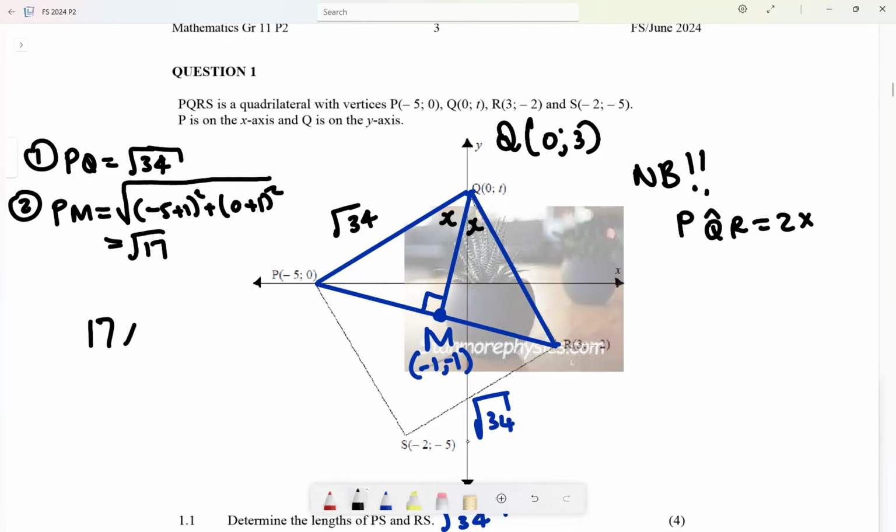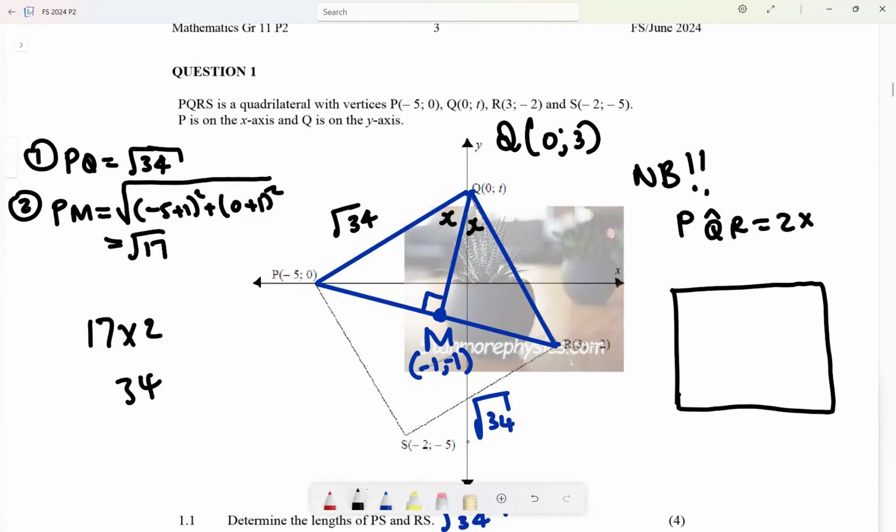Now, can you see that 17 multiplied by 2 is equal to 34? Can you see that this length here is half of this length? And since I'm already telling you this is a square, this length is equal to that, is equal to that.